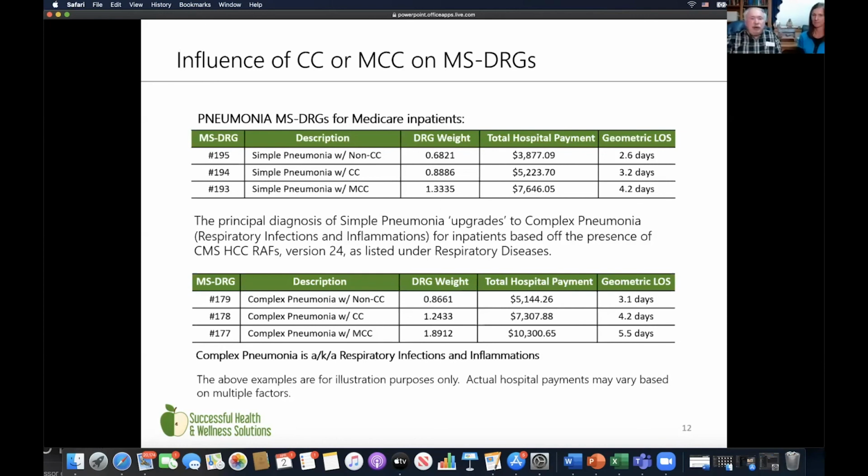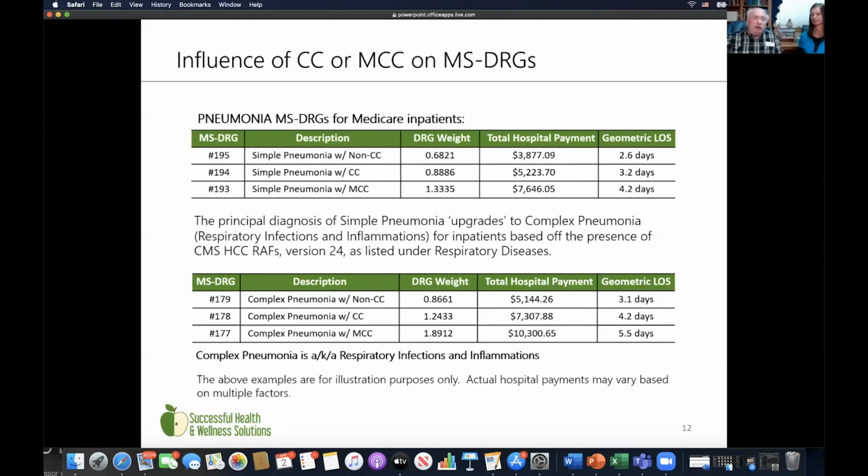So as we progress up, but actually the numerical number there, the lower the number, the higher the severity within a disease group. So DRG 194 is simple pneumonia with CC. It has a higher weight, a higher hospital payment, and a geometric length of stay of 3.2 days.